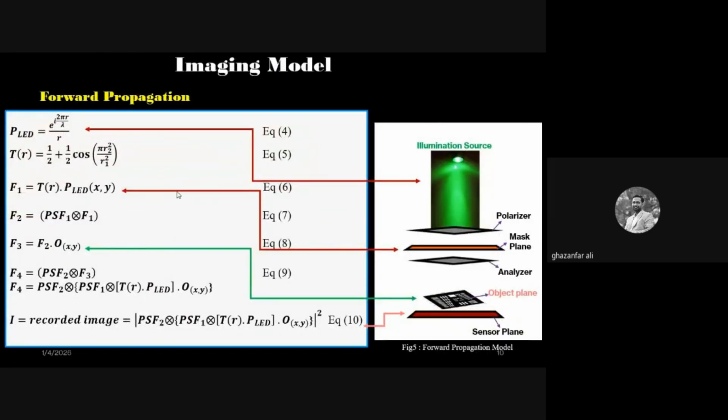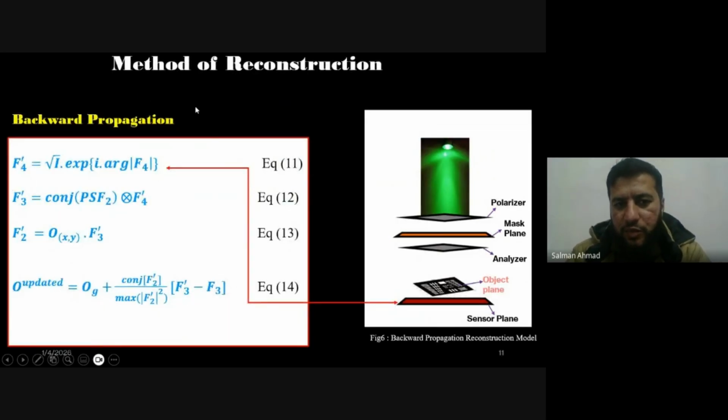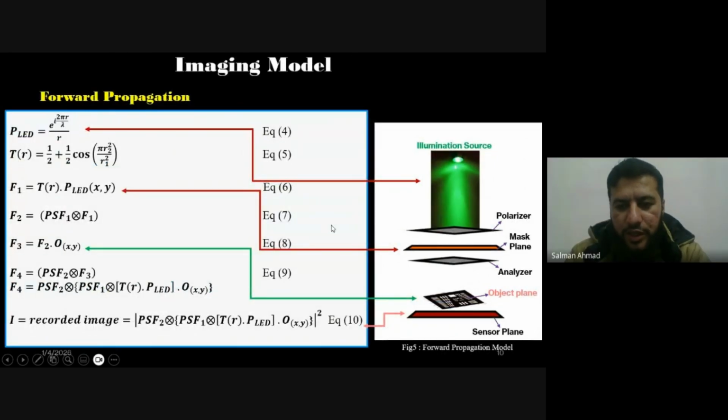Okay. In this lensless setup, we have two parts: one is the forward propagation part, and another one is the backward propagation part. In the forward propagation part, incoherent light, or in some cases coherent light, is used. The light moves towards the SLM, the mask plane, and at the mask plane we use any type of mask.